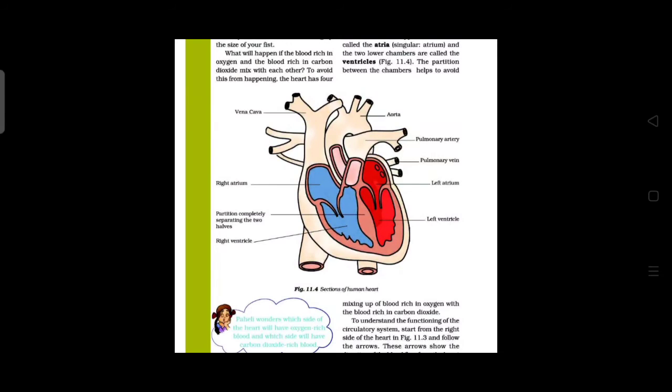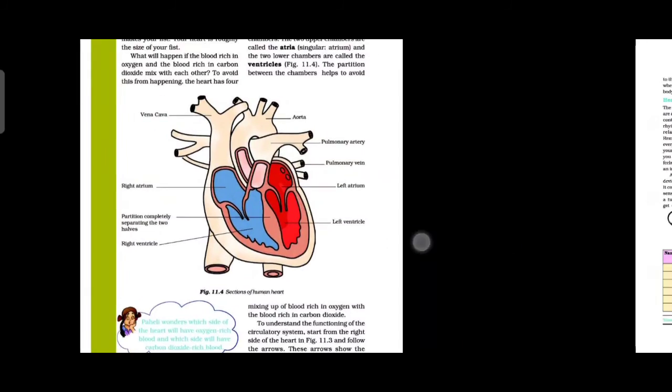Here there is the right atrium, then the left atrium, then the artery, pulmonary vein, then vena cava and aorta, then a partition completely separating the 2 halves, then the left ventricle and also the right ventricle. See there, there are 4 chambers. One is the right ventricle, one is the left ventricle, then the right atrium, then the left atrium.